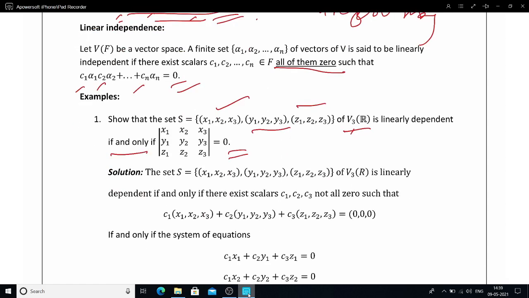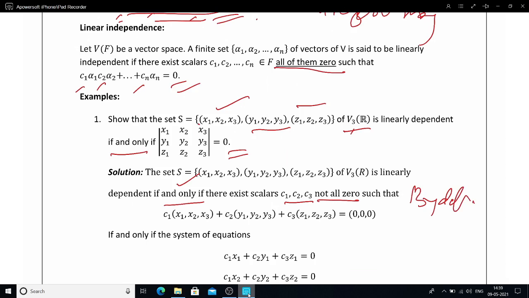Let me denote this set by S. S is linearly dependent if and only if there exist scalars, not all of them 0. This is by definition, such that the linear combination equals 0, that you know.